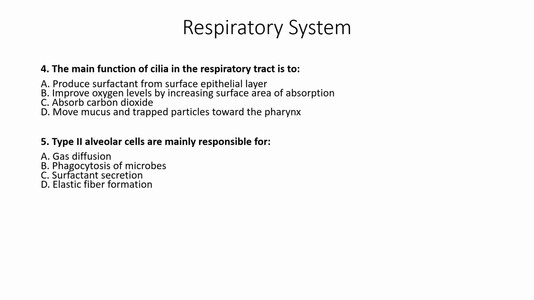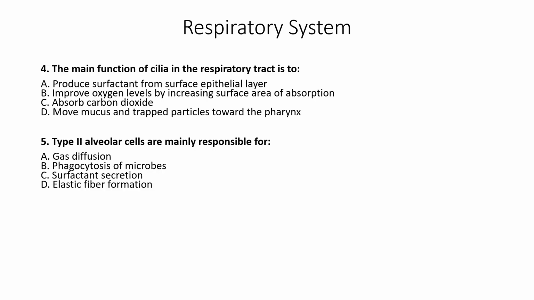You guys all got it right, which is surfactant secretion. We talked about the two types of alveolar cells, type 1 and type 2. Type 1 is important for gaseous exchange and makes up about 90% of the alveolar cells, whereas type 2, which is the lower amount, about 10% of the cells, is important for, as you said, surfactant secretion.